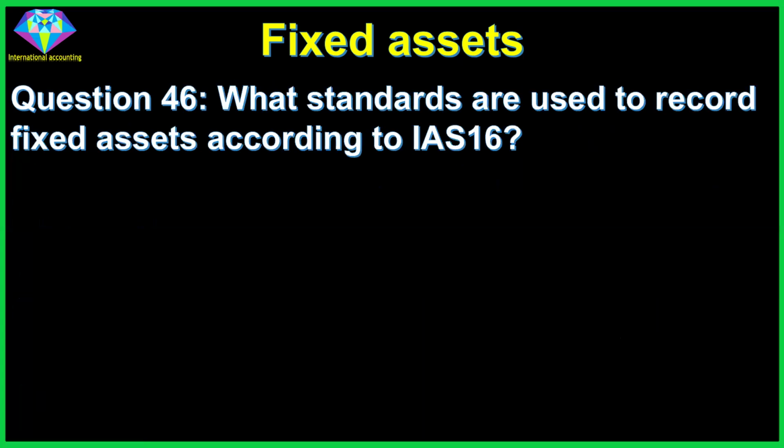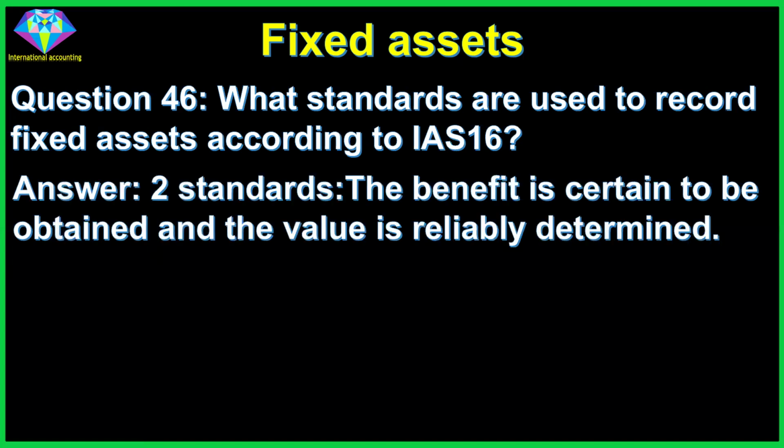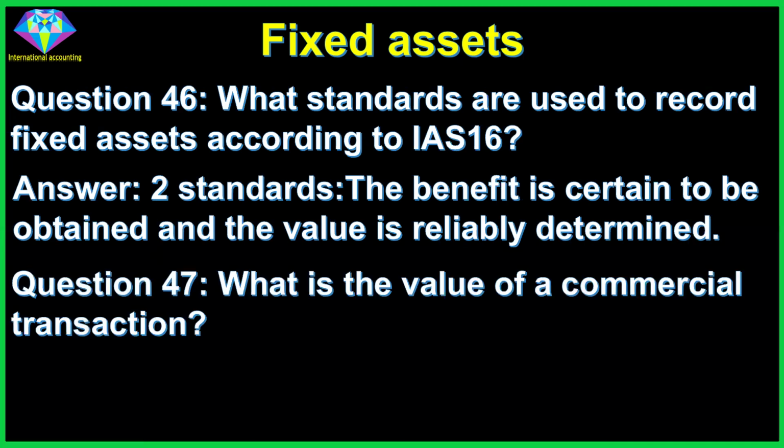Question 46. What standards are used to record fixed assets according to IAS 16? Answer: two standards. The benefit is certain to be obtained and the value is reliably determined. Question 47.